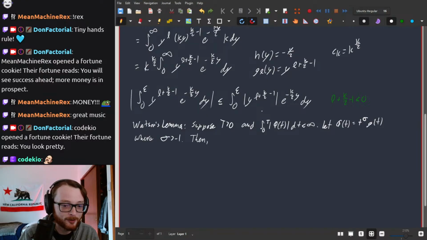I skipped over another condition about g having infinitely many derivatives, but who cares about that? Not me.